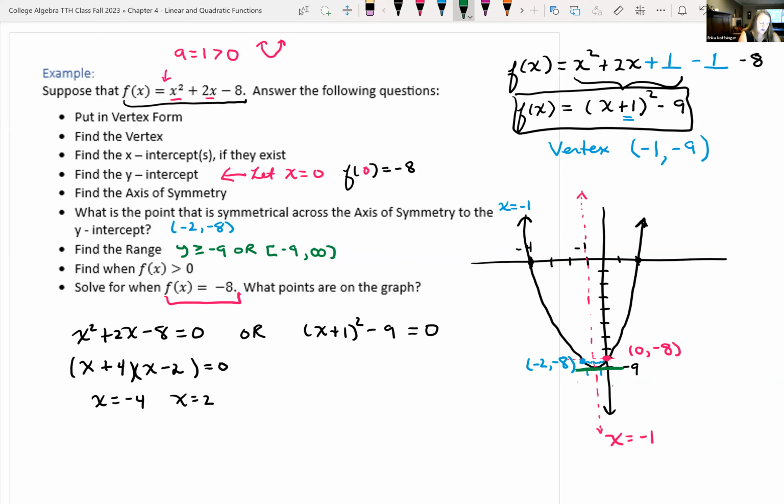So we want to look at when our function f of x is greater than 0. When is our graph above the x-axis? Just by looking at the graph, we can do that. We're above the x-axis for values of x which are less than -4.